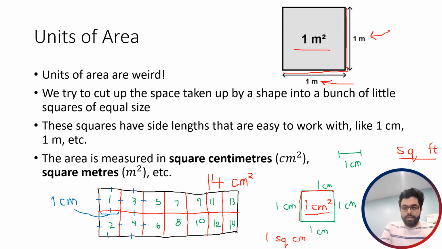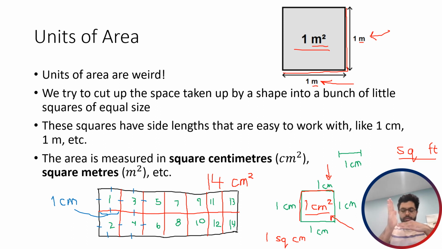And the units that you're going to use: if you have meters on the outside, you're going to have square meters on the inside. If you've got centimeters on the outside, you're going to have square centimeters on the inside. If you've got feet on the outside, so if I were to make a square that's 1 foot by 1 foot, so it's 1 foot here, 1 foot here, 1 foot here, 1 foot here, then the area of that square would be 1 square foot.